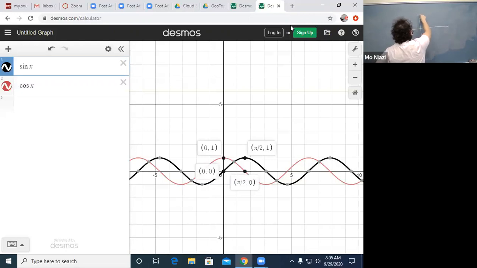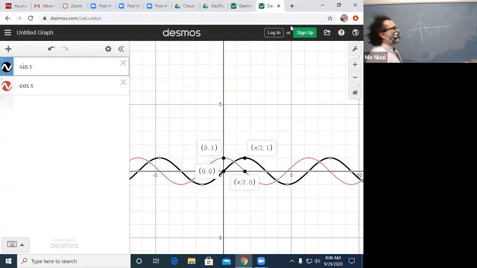For cosine, notice we get something like this. But if this is cosine of x and this is x, what if we had 1 over, and actually, let's give it a different color, 1 over cosine of x?